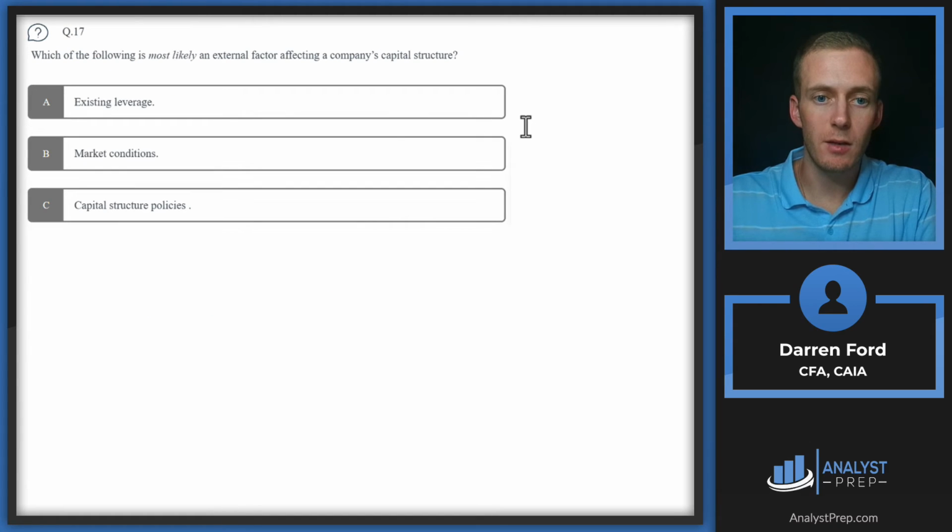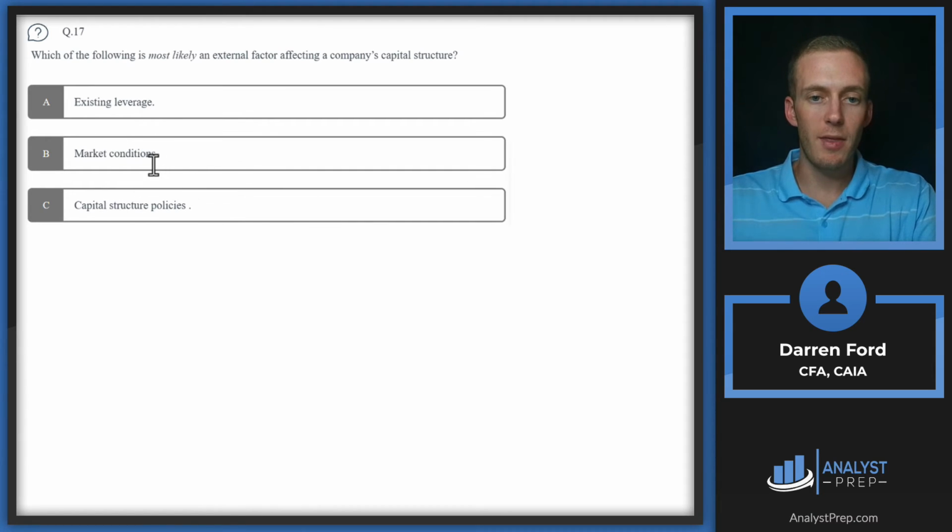Question 17. Which of the following is most likely an external factor affecting a company's capital structure? We've got existing leverage, market conditions, or capital structure policies. An internal factor is likely going to fall under the category of something within the company's control, or a decision that they've made inside the company.